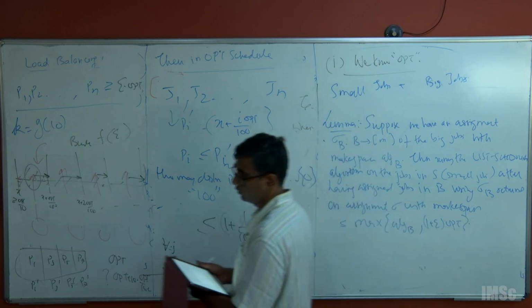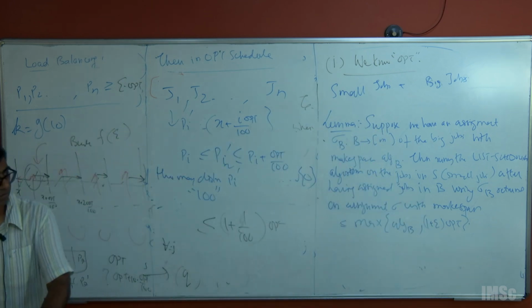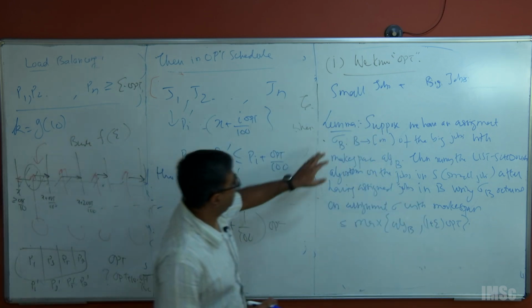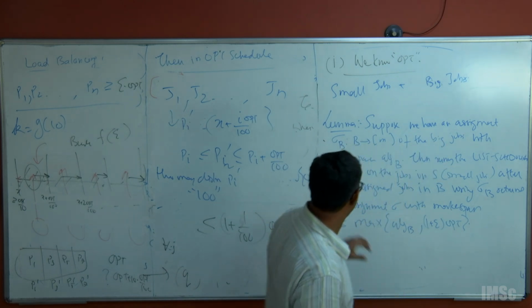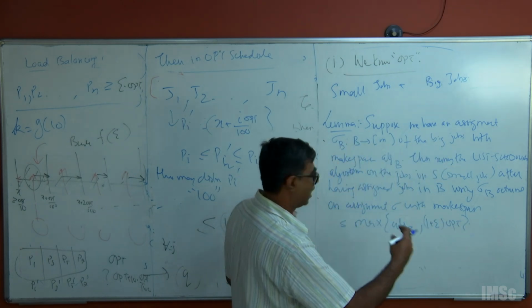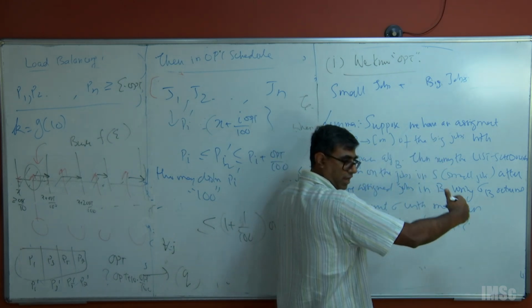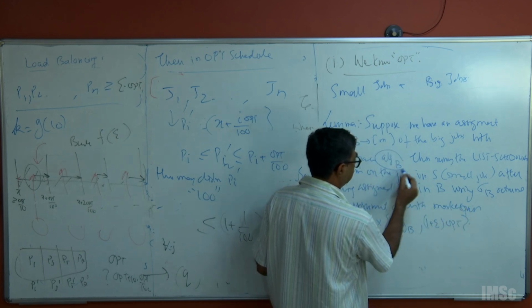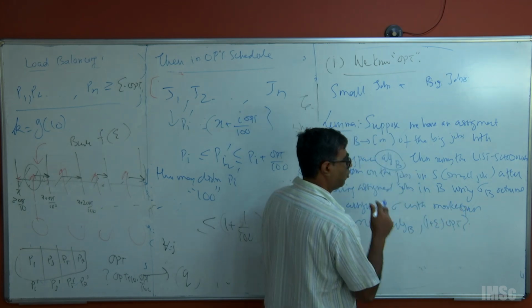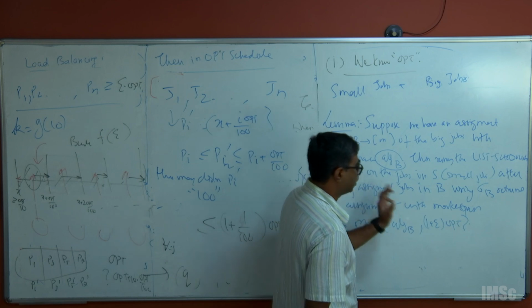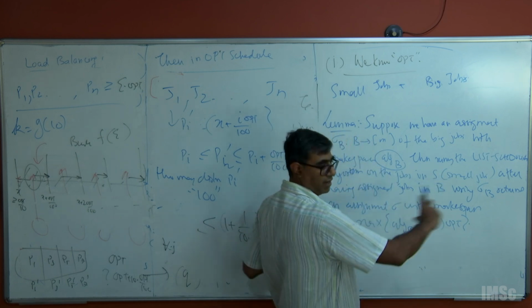Is that fine? So let us suppose we have an assignment of big jobs to M machines, where the largest time on any machine is alg B. Then I am going to run a list scheduling algorithm on the jobs in S after having assigned. So first, what will I do?